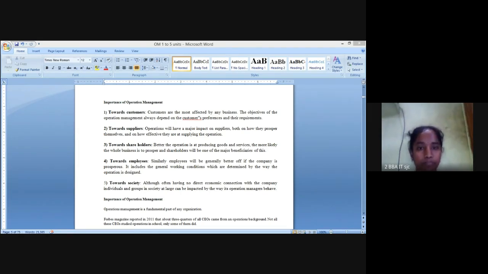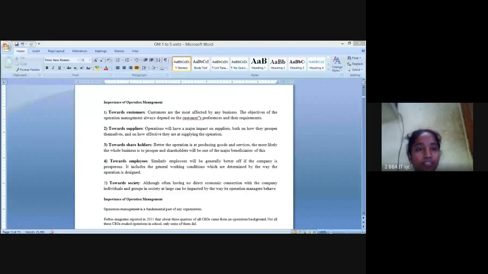All the aspects of a business depend upon operations management only. It can plan, direct, and encourage the manufacturing of goods and services.